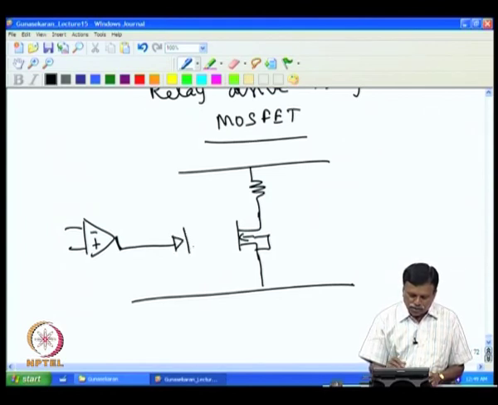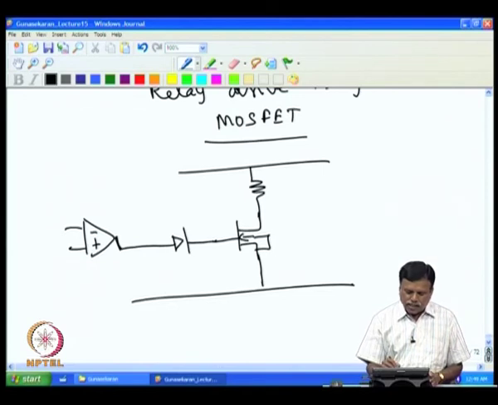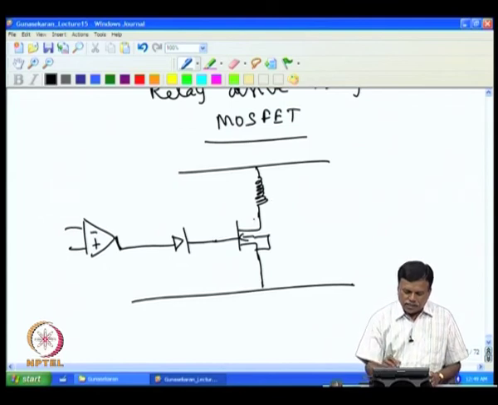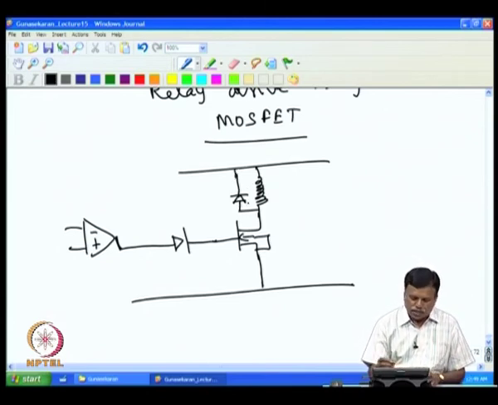So, I can connect this one directly, because it is not a current operated device, it is a voltage operated device, and this is supposed to be a relay. So, I remove this resistance, I connect the relay. One small thing I did not explain in the other case is the function of this diode. So, in this design I will explain the function of this diode in detail.